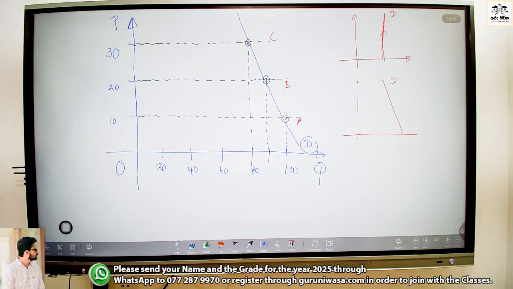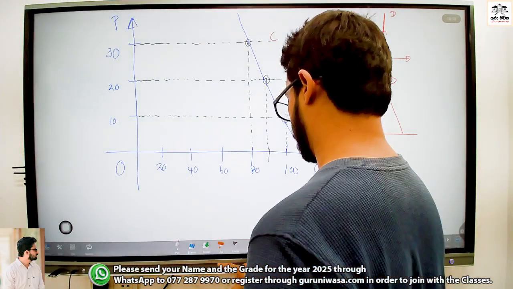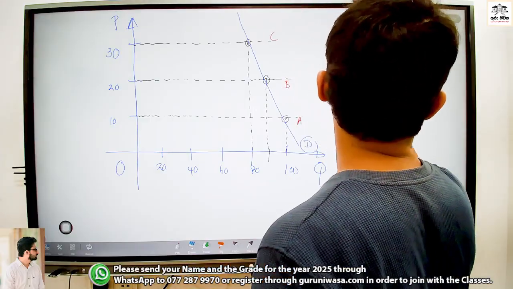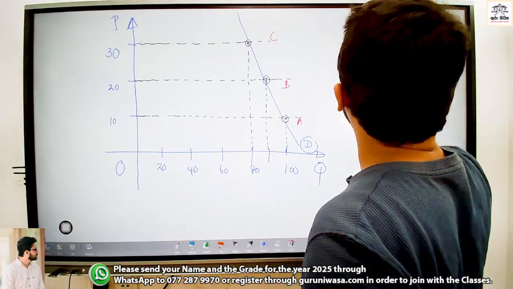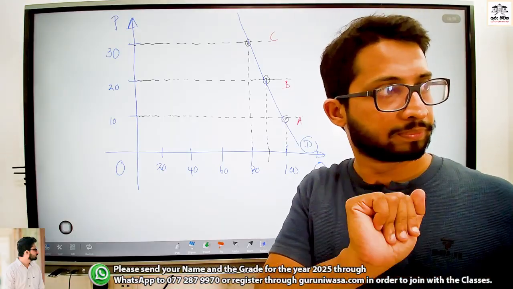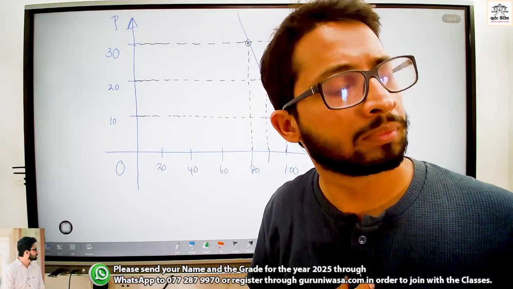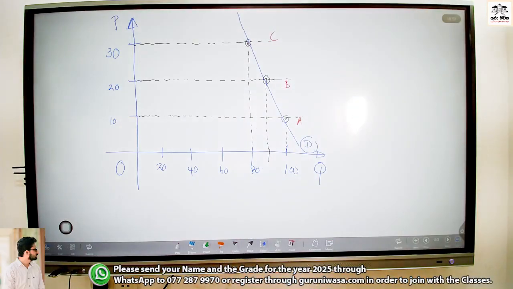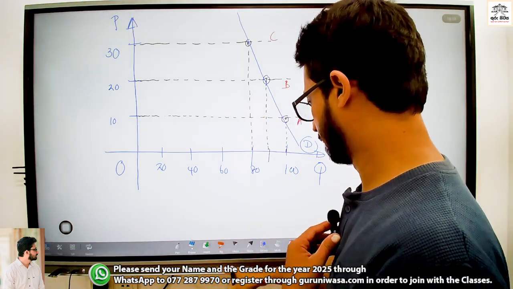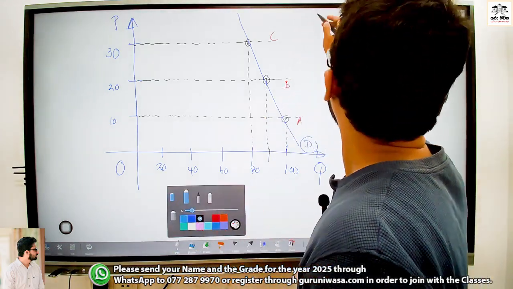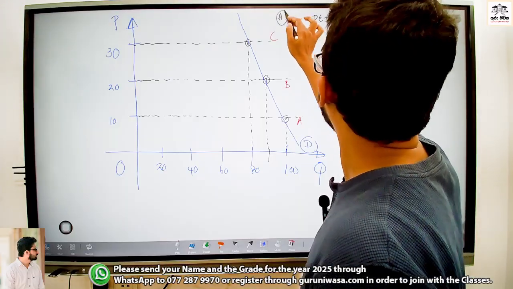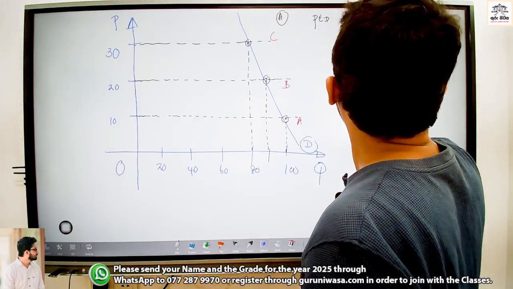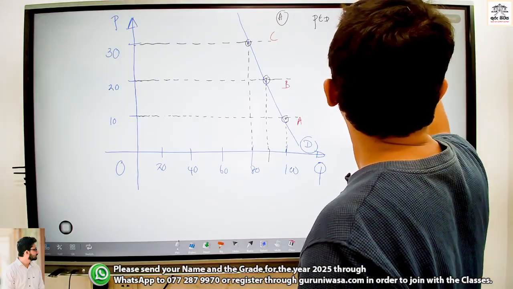Calculate the PED value. Write down, PED at point A equals delta QD over delta P, times P over Q. How much is delta QD?